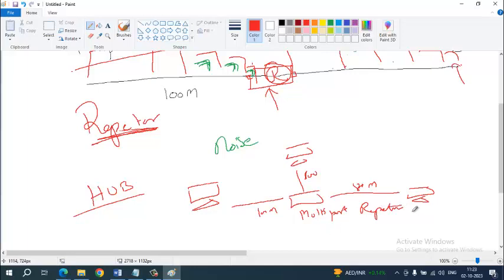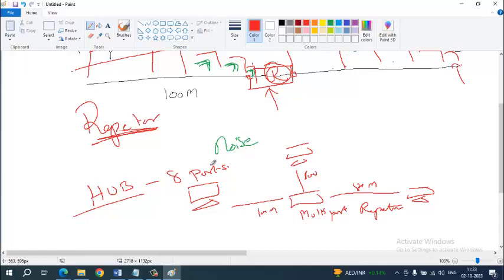The difference is that a repeater is just two ports. A hub will have a maximum of 8 ports only. There is no more, only 8 ports.